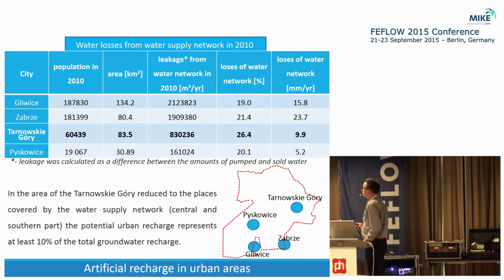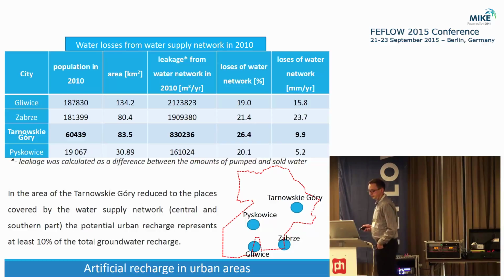On this slide, I would like to show you how we try to estimate artificial recharge in urban areas. We have here 4 cities and estimated leakage from the water network for the cities. And we can see that the loss of water is the highest in the Tarnowskie Góry area. It's over 25%.